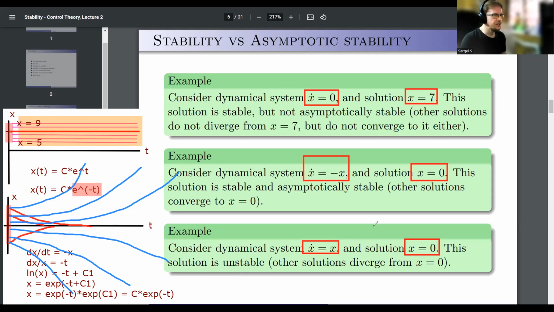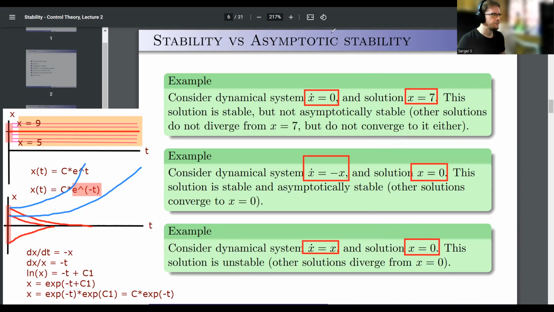So in this case, the solution x equal to 0 is unstable. It's not stable. It's not asymptotically stable. So first example, marginal stability: does not diverge, does not converge. Second example, asymptotic stability: converges. Last example, unstable: diverges. Just some examples.